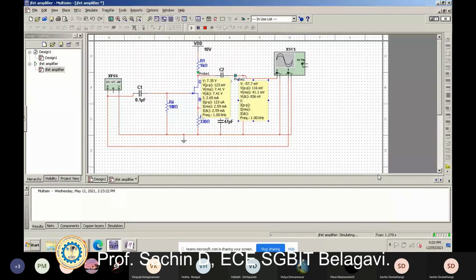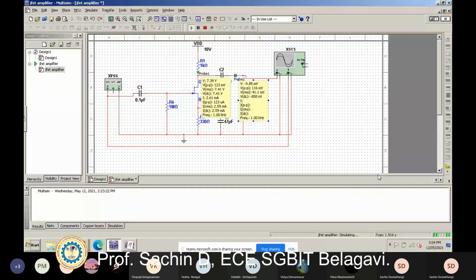What is the difference? What is the function of a coupling capacitor? The function of a coupling capacitor is to block DC and allow only the AC signal.